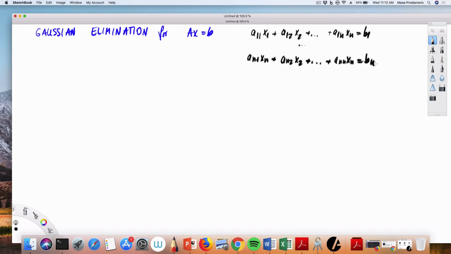Because we really do things by hand only up to 3 by 3 or 4 by 4. Other than that, our time is better spent programming how to do this efficiently without doing things by hand.